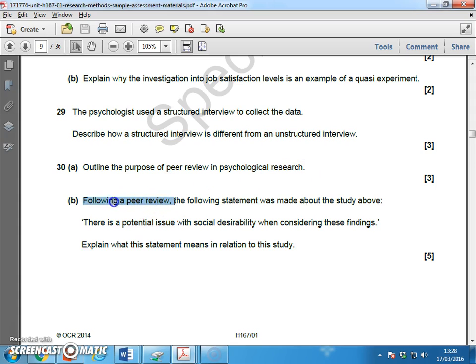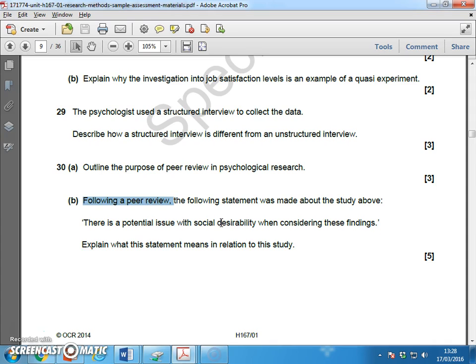After you've published a piece of research, peer reviews can happen, and so remember the purpose of a peer review is to be able to scrutinise for your peers, your colleagues, to scrutinise your work and to essentially evaluate your work. And you get up in front of them and they ask you questions and you have to justify the decisions you made, the design decision.